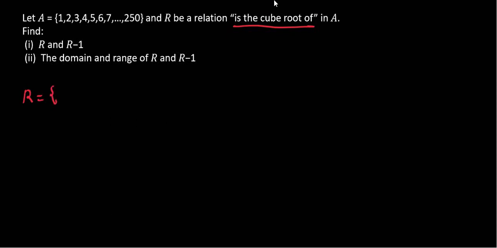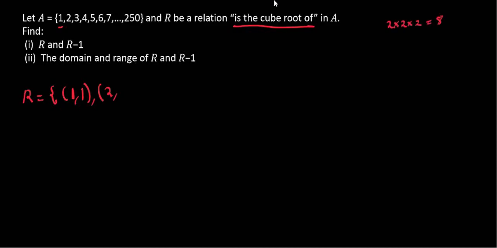We'll be looking at the cube of A. So in this situation, you have 1. What is its cube? It is 1 times 1 times 1. It is still 1. Then you choose 2. 2 times 2 times 2.